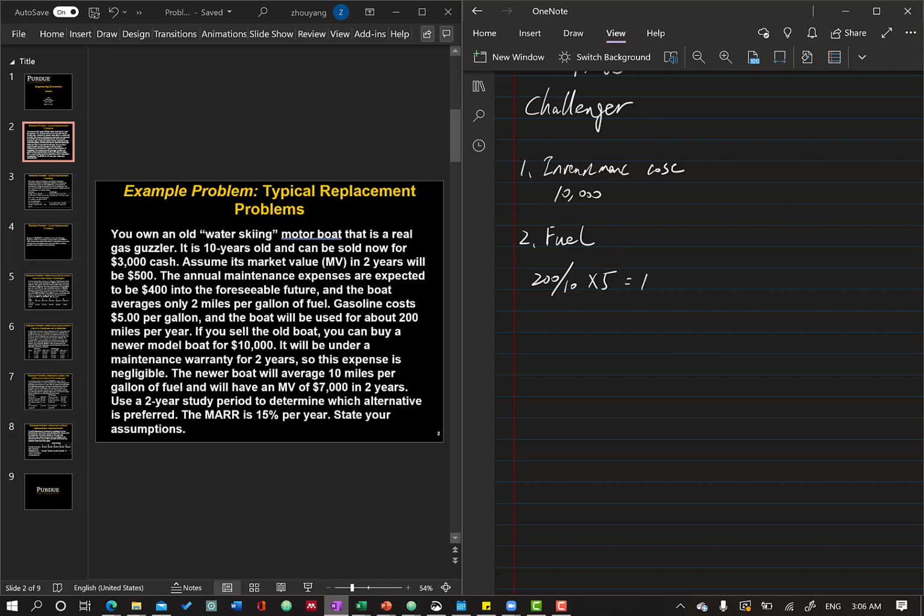That would be 100 per year. And the third piece is the market value. Since it's still a benefit, we're going to subtract it. That's 7,000, at the end of year 2.